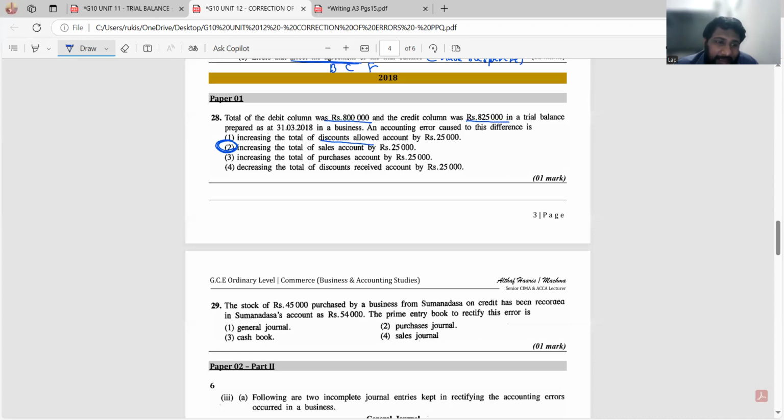Simply they are asking, where are we going to record the correction of error entries? The correction of error entries will be recorded in the general journal. Correction of error will be recorded in the journal.